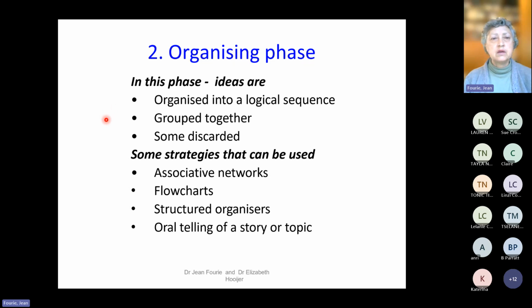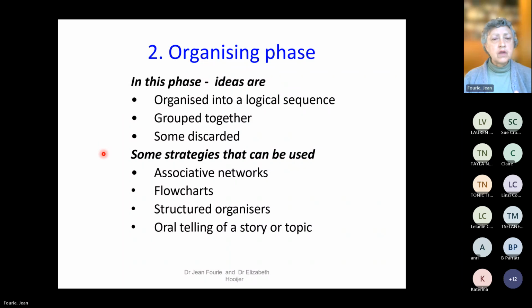So we're going to be speaking about wild cats, lions and tigers and cheetahs. And you might discard some ideas that were brainstormed in the previous phase, and we're not going to speak about giraffes and zebras and elephants. And then you need to organize these ideas in some logical sequence.